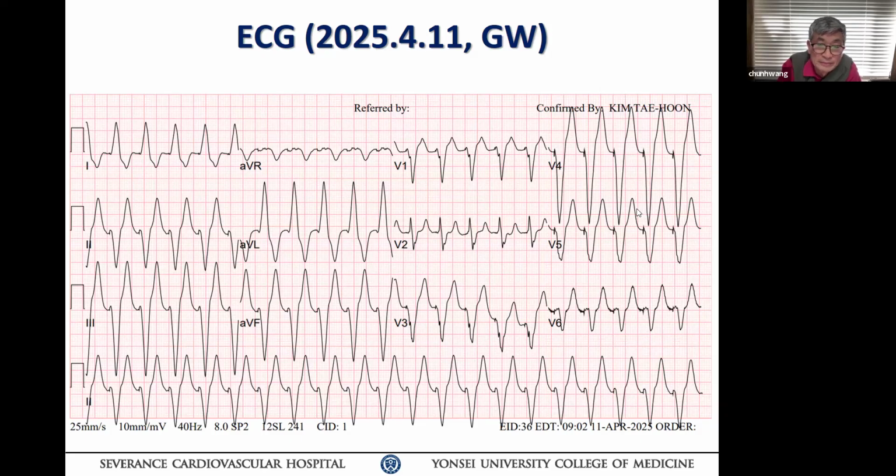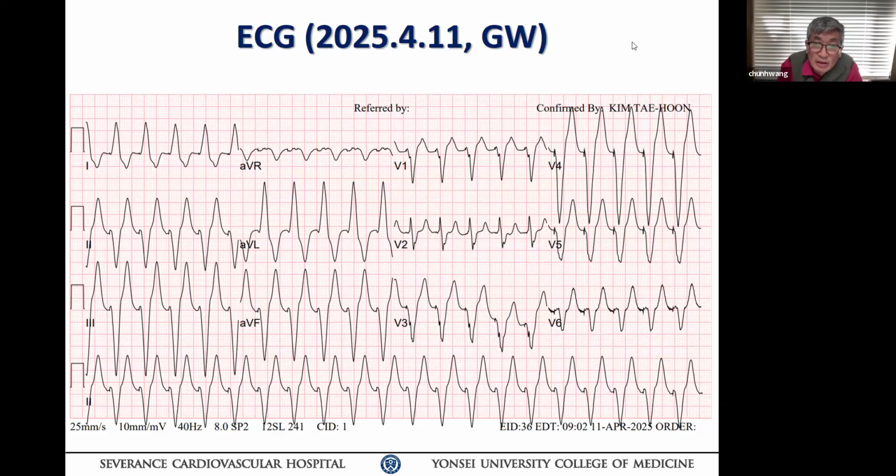They will self-terminate because they have an automatic configuration in the pacemaker system. So you have to discuss whether this is an atrial flutter or atrial tachycardia sensed by the pacemaker 2-to-1 or maybe even faster than that. That's going to be the differential diagnosis.